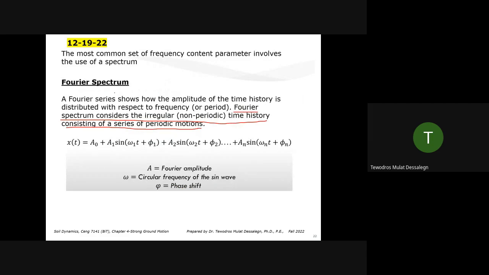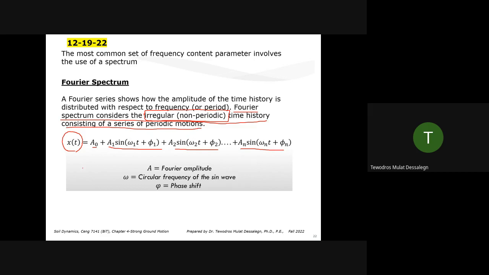Frequency spectrum, what it does is, let's say this is an acceleration time history. The irregular, the most complex one you have. The Fourier spectrum considers the irregular, non-periodic motion. It looks non-periodic when you see it. But what the Fourier spectrum assumes is that it's a combination of several periodic motions, many thousands.